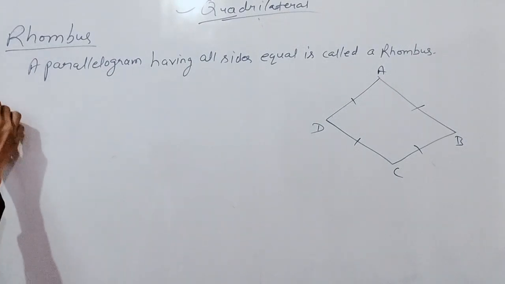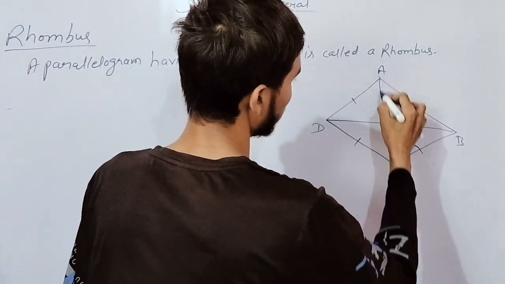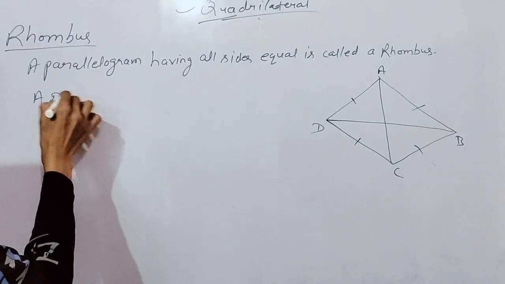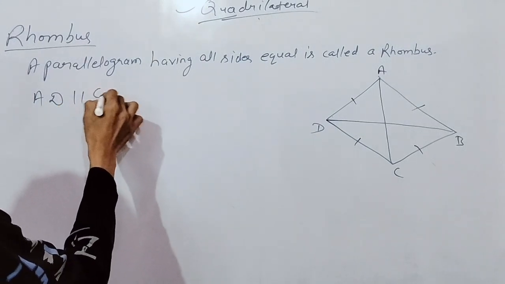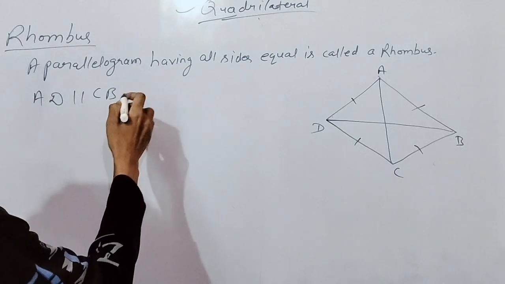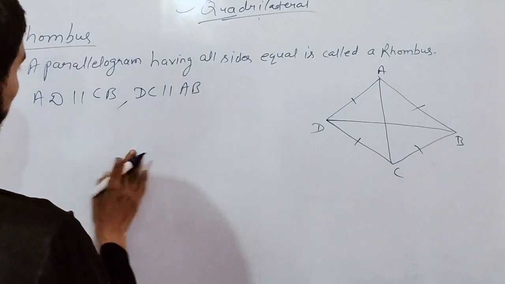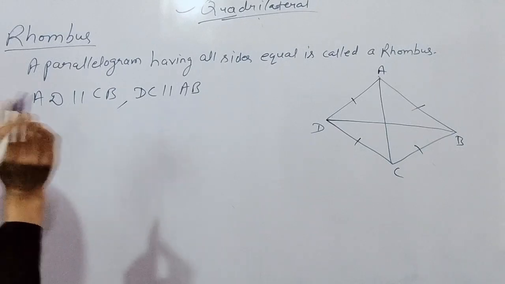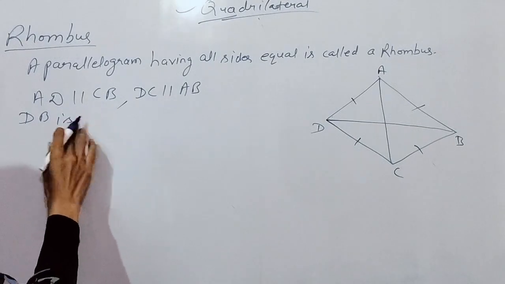Now here we have two diagonals, as you can see. So can you say AD is parallel to CB, and this is parallel to AB? DB is a diagonal.